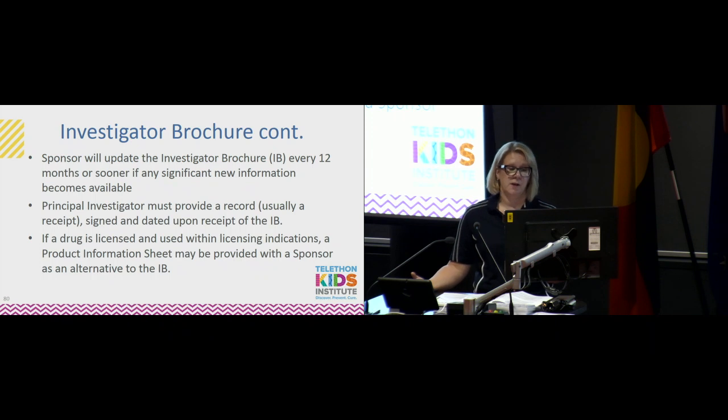You must show that you have understood it by signing and dating the IB, investigator brochure, and a sponsor will track those. They will be documents that all have an individual number, and they will track them in and out because they often contain a lot of proprietary information. As I've said, if it was licensed, then you would use the product information sheet.